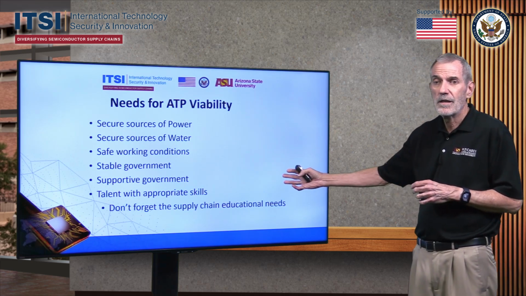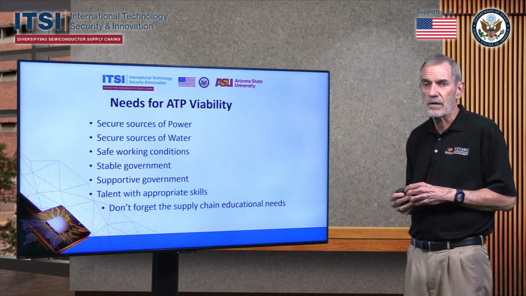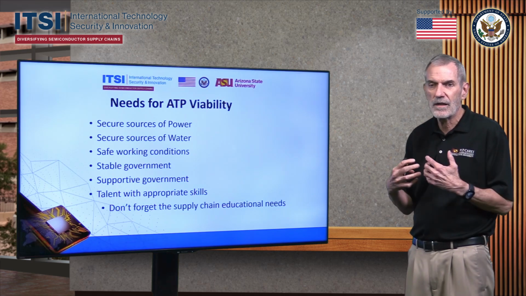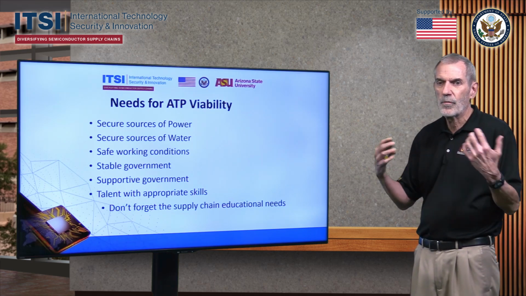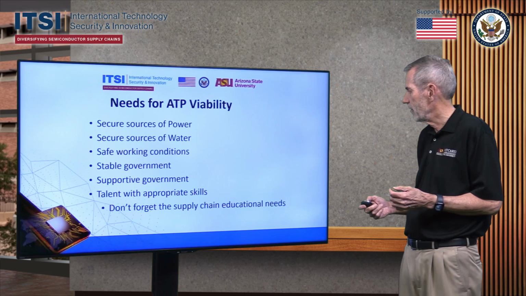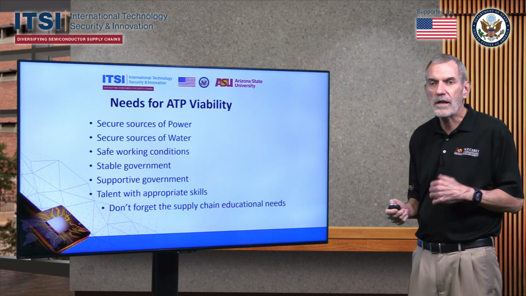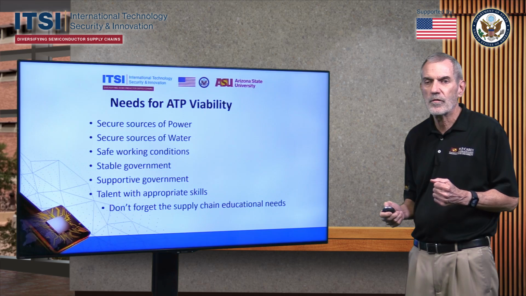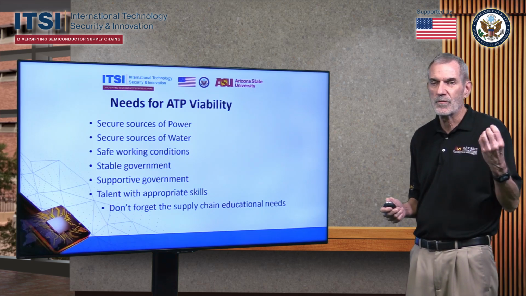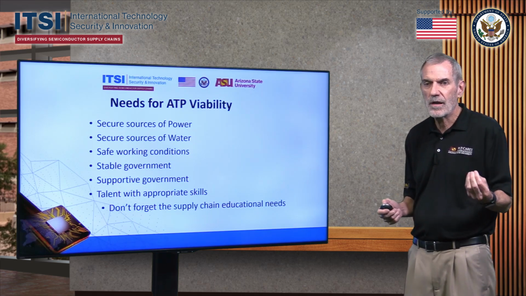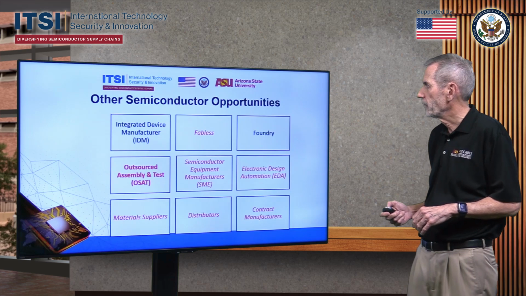You also need people with supply chain knowledge, because you still have to buy things to come into that. You need people to help run the factories, et cetera. So there are additional needs there. And we have training set aside, a week's worth of training where we come in and talk to you about supply chain in the semiconductor industry and what's important there.